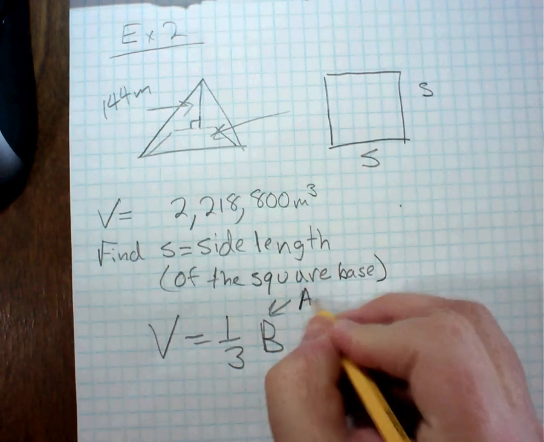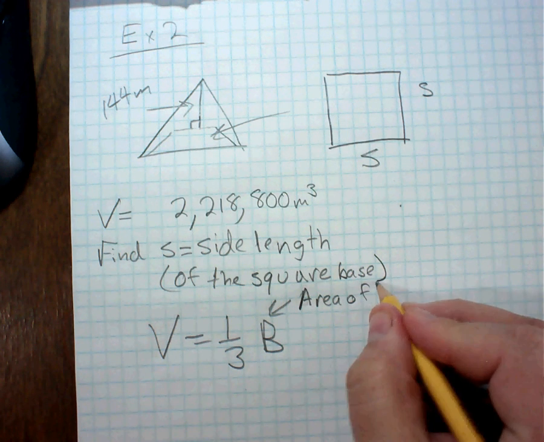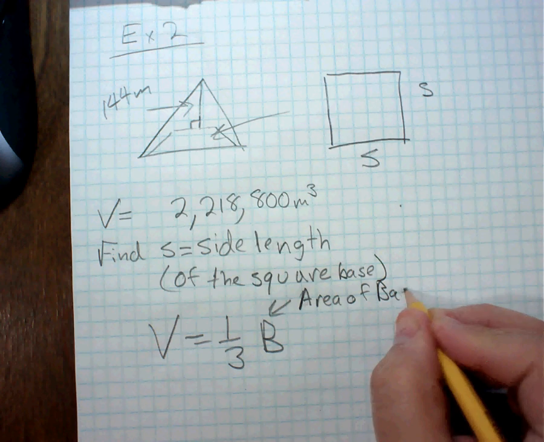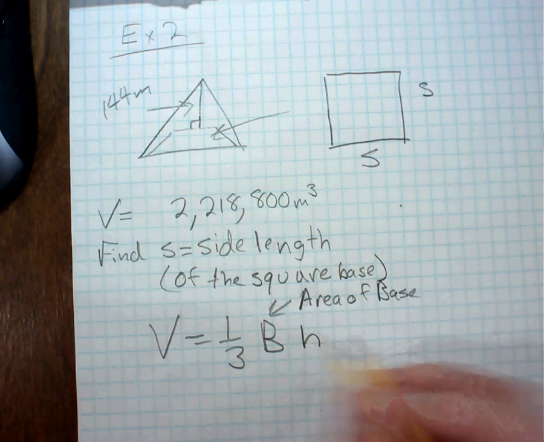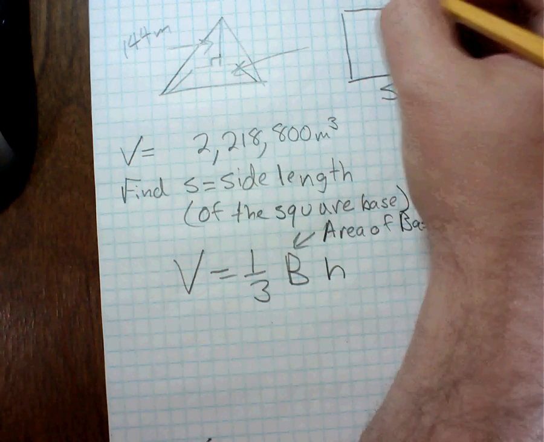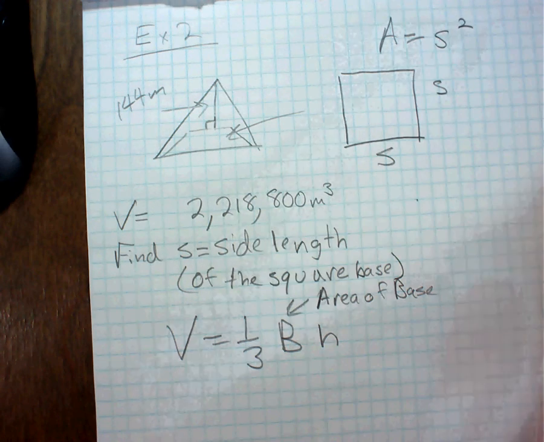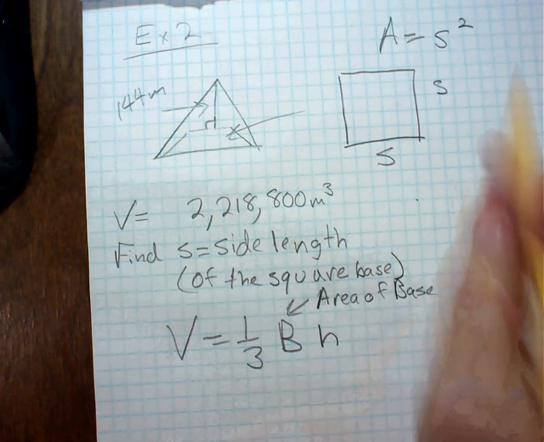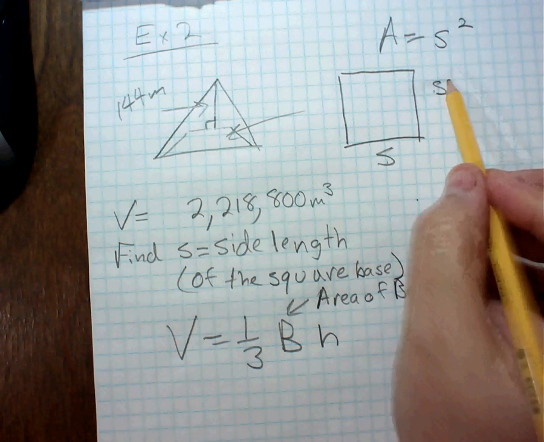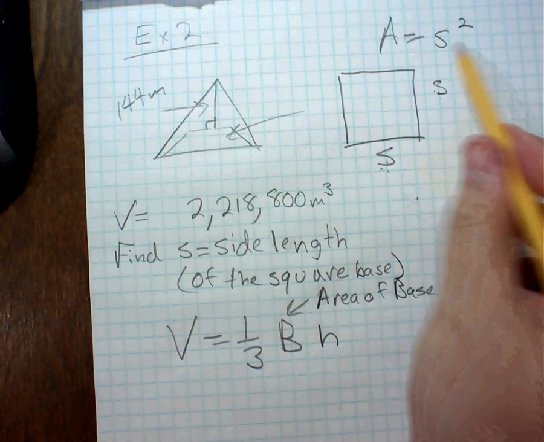Capital letter B means area of base. Times the height of the pyramid. Okay? So then to find the area of this base, the area of a square is always going to be S squared. It's the length times the width, but in the square, this length is the same as this width, so it's S times S, or S squared.